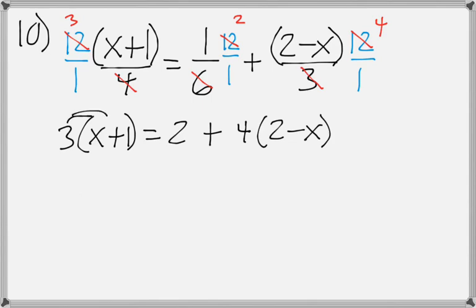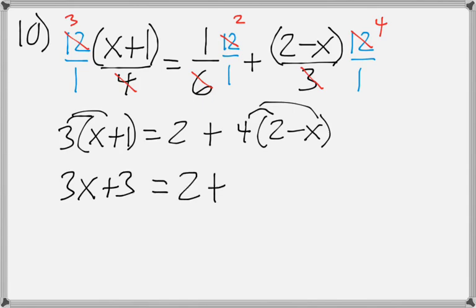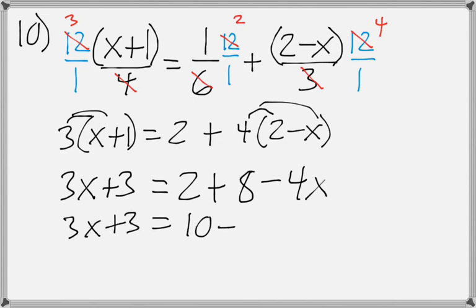So I do want to distribute those numbers, and we get 3x plus 3 is equal to 2 plus 8 minus 4x, and that'll give me 3x plus 3 is equal to 10 minus 4x.